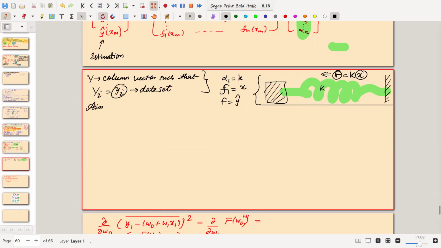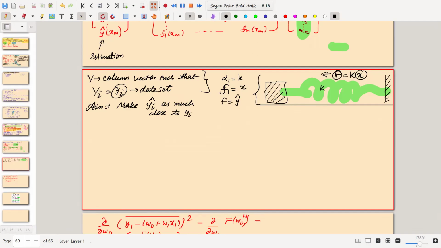Our aim is to make yi cap as close as possible to yi. Do you agree? Because yi cap is the estimation through regression, and yi is the real data set. xi, yi is the given data set, no?